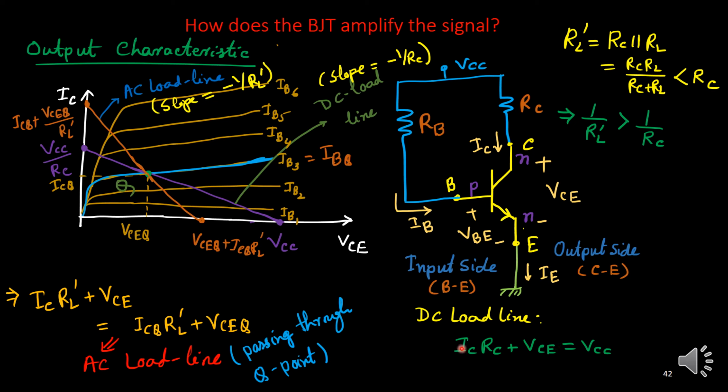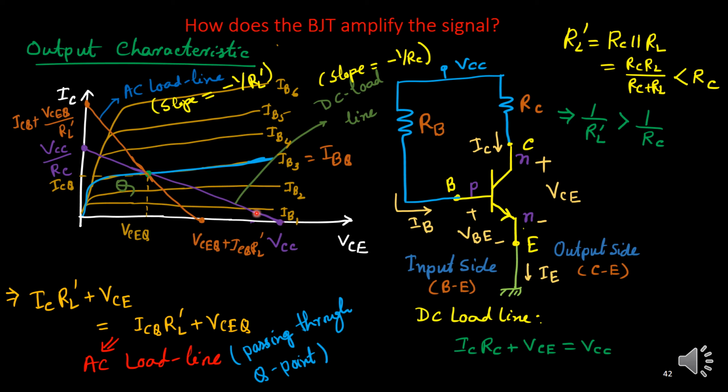But here it is ICQ into RL prime, whereas earlier it was ICQ into RC, and already I said that RL prime is less than RC. So the term ICQ into RL prime should be less than ICQ times RC. That's how this value is lesser and positive. So the total value VCEQ plus ICQ RL prime is less than VCC.